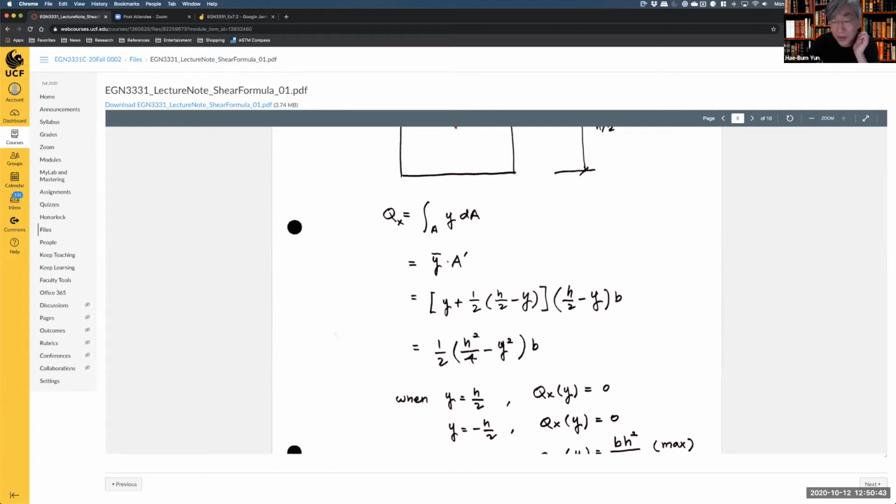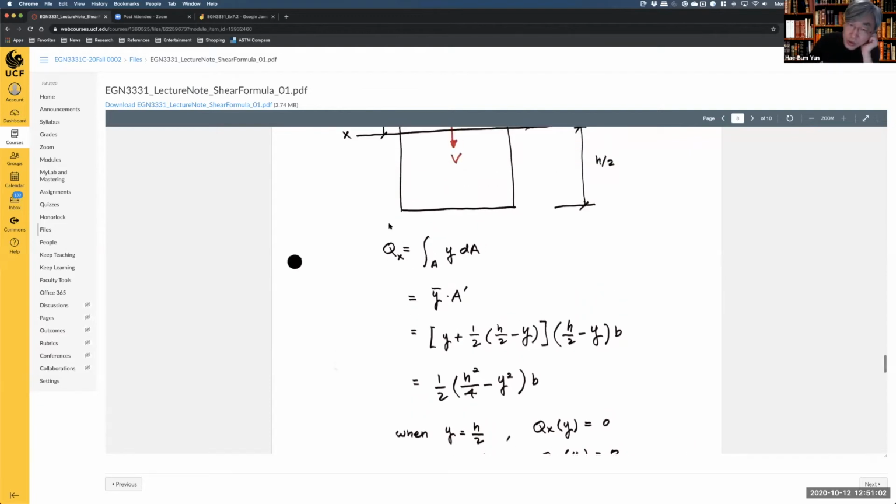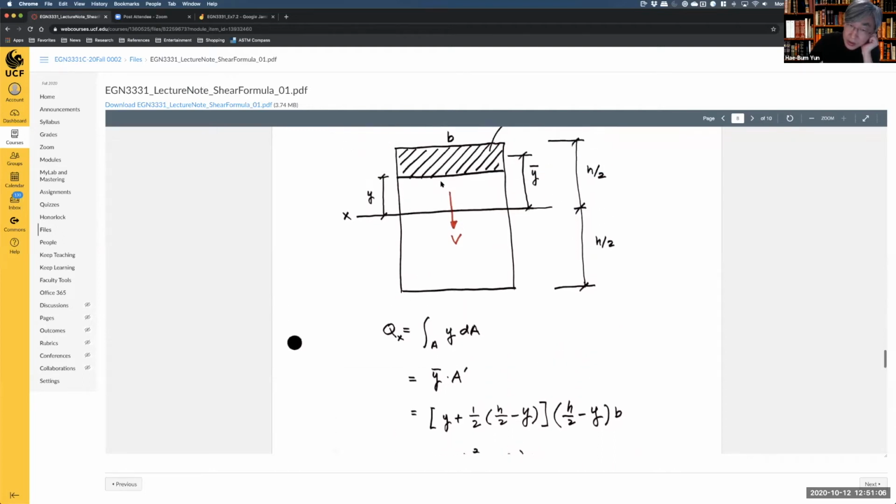This is a second order term. Yes, Cesar, this is quadratic. And when you have a quadratic, this is not a linear line. This is curved. So what this means is your Q is a curved relation depending on Y location.